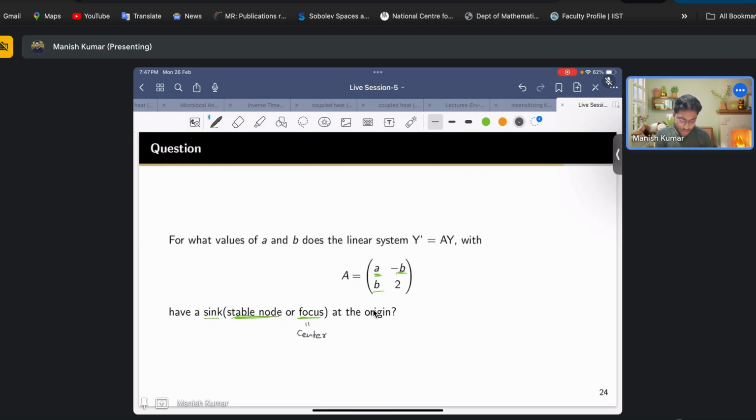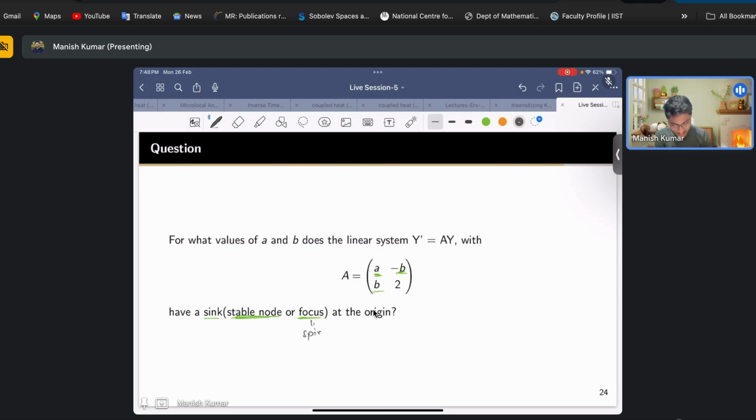Let me think. Focusing. I think it is spiral, not center. It should be spiral, like focusing something, right? It is spiral. Just a name.